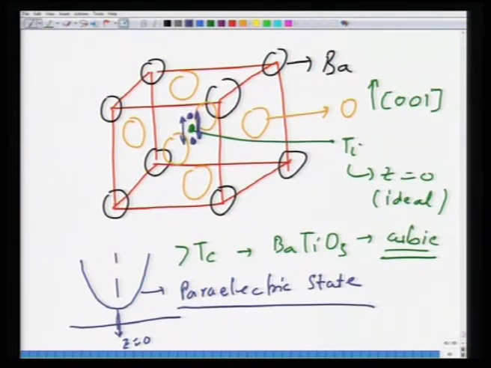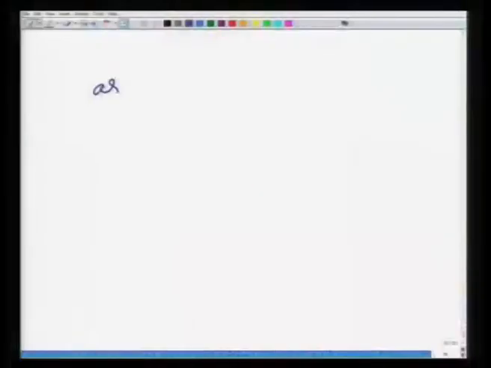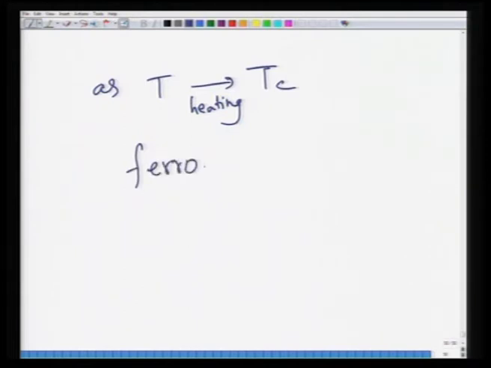So, now what we will do is that we will look into the energetics of this ferroelectric transition a little bit more carefully, because the nature of this free energy curve defines what kind of transition it is. Because first of all, you are seeing that as temperature approaches Tc during heating, the material converts from ferroelectric to paraelectric.